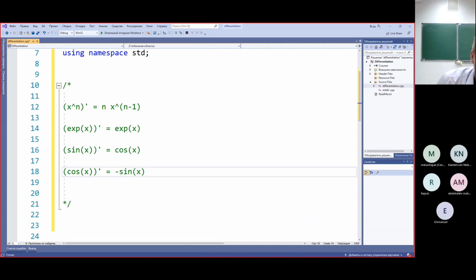You can find these rules of differentiation in any book, any page on Wikipedia.